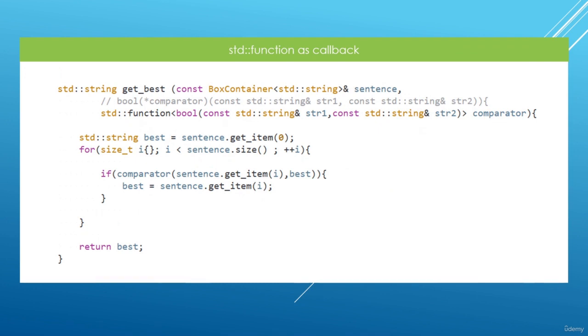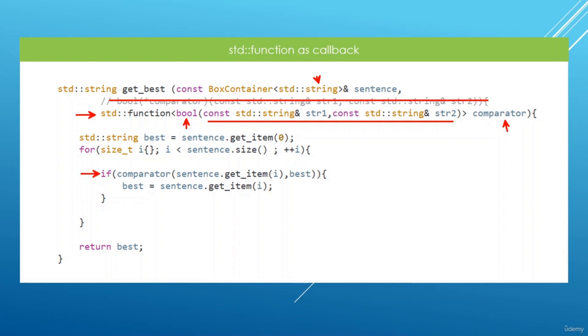Here is a simple example of how we could modify our getBest function, which is going to be working on a box container of std::strings. We are going to change our callback to be modeled as std::function, and we do that like here. We specify the return value, and we're going to specify a bunch of parameters here, and we're going to give this a parameter name, and we will be using this parameter name in the body of our function to call the callback and get whatever it is we want.